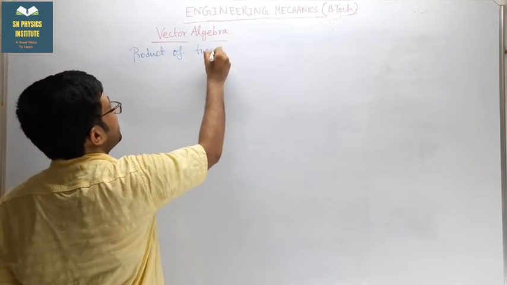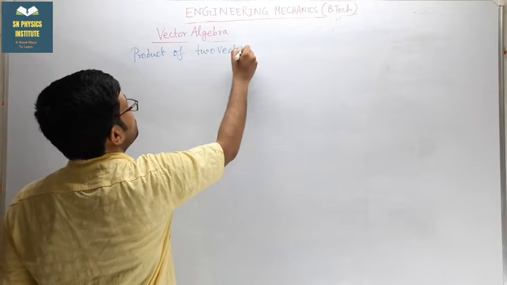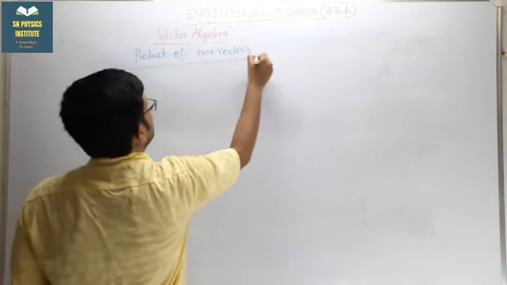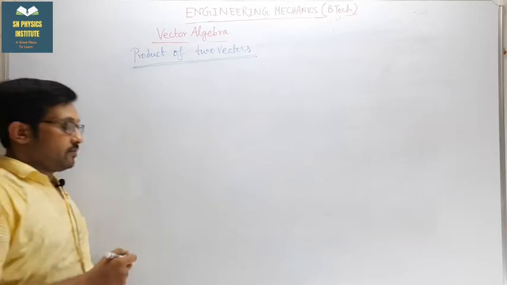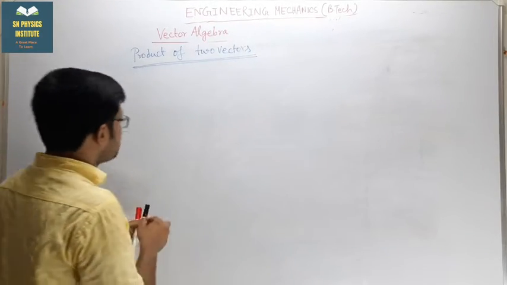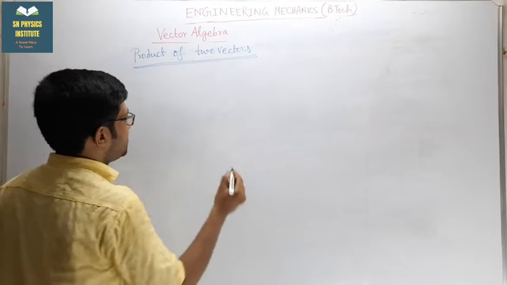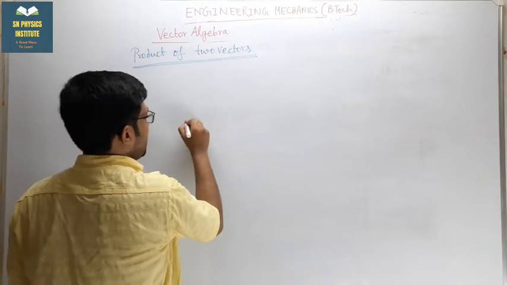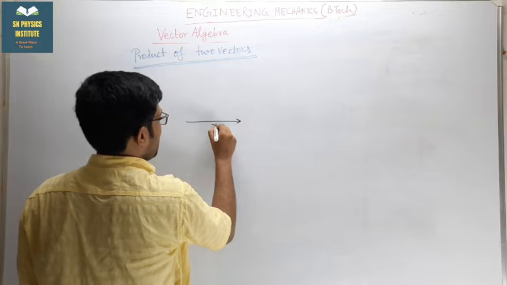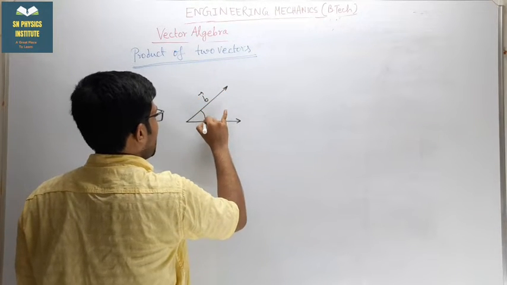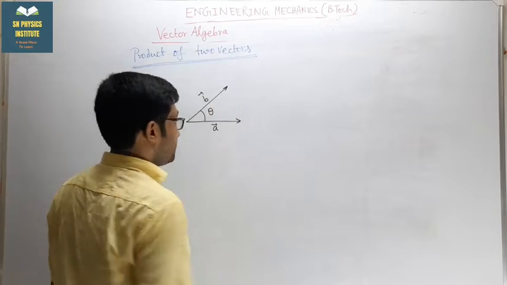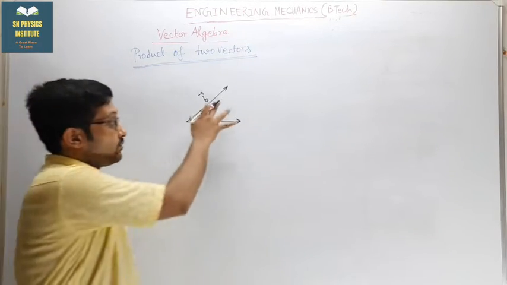I am considering two vectors, A vector and B vector, and they make an angle theta. Theta is the angle between them.